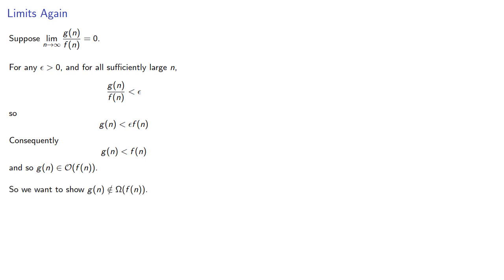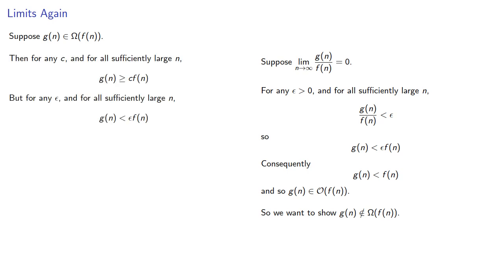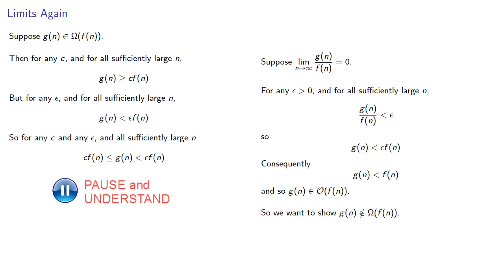So now we want to show that g of n is not omega of f of n. Well, suppose it is. Then for any c, and any epsilon, and all sufficiently large n, g of n is sandwiched between these two functions.